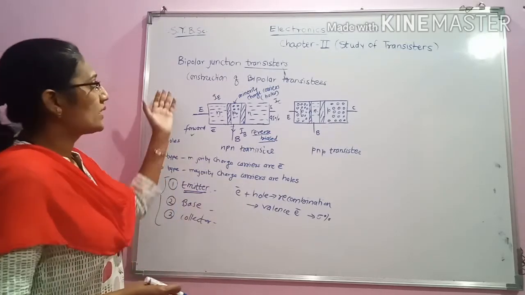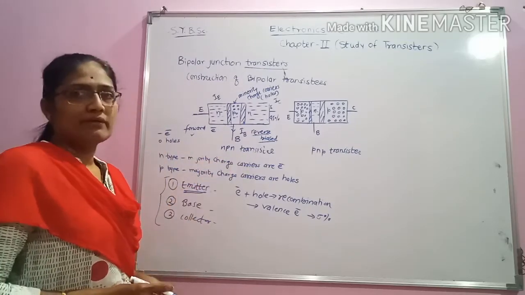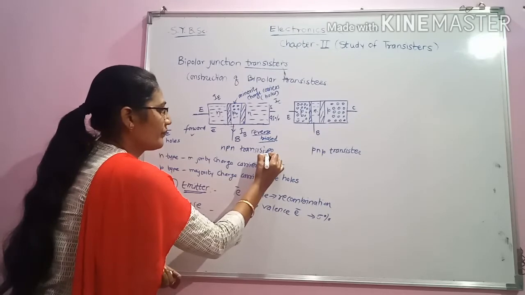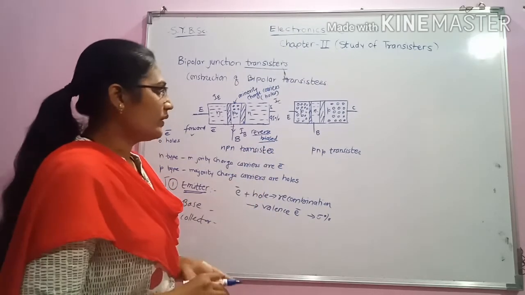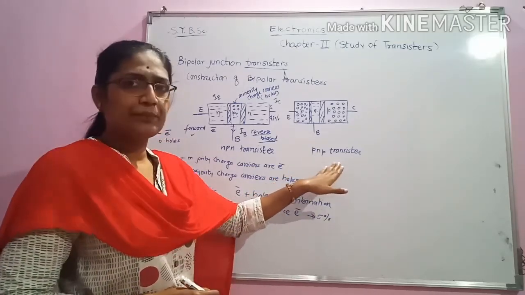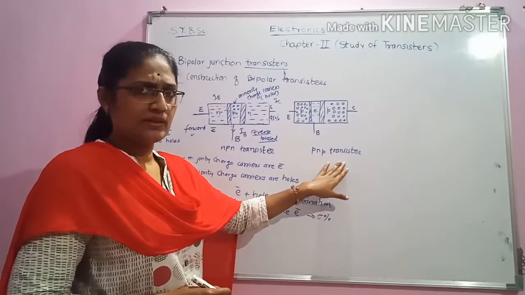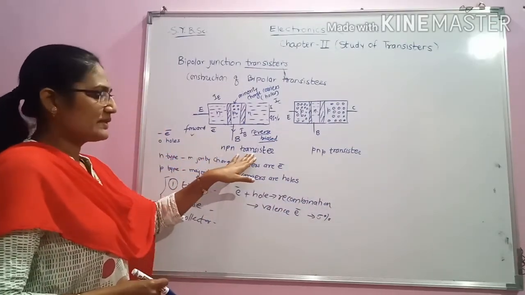This is the construction of a bipolar transistor in case of an NPN transistor. Then what about the PNP transistor? The construction of a PNP transistor is on similar guidelines to that of an NPN transistor.